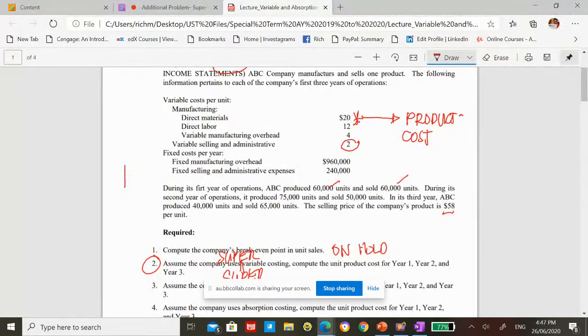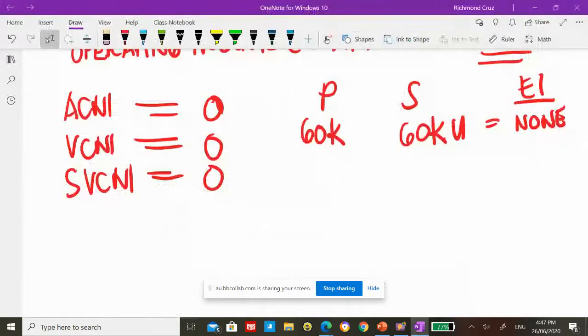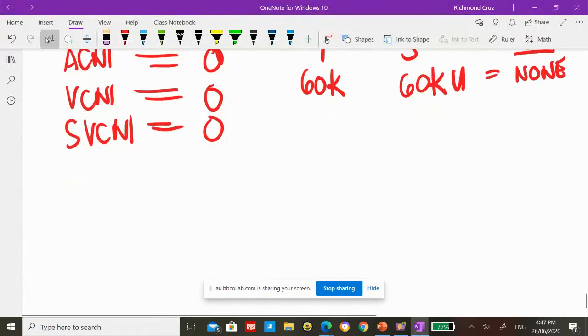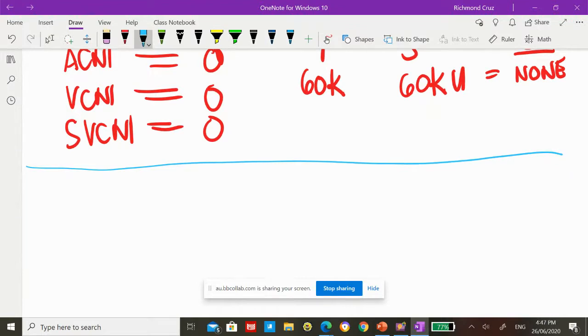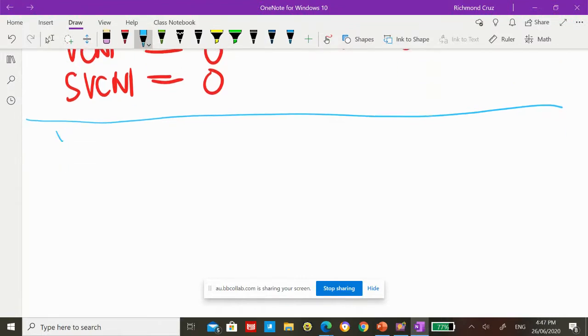For year two, the units produced is 75,000 units and the units sold is 50,000 units. So therefore, we will have ending inventory amounting to 25,000 units. So let's prepare the income statement for year two.